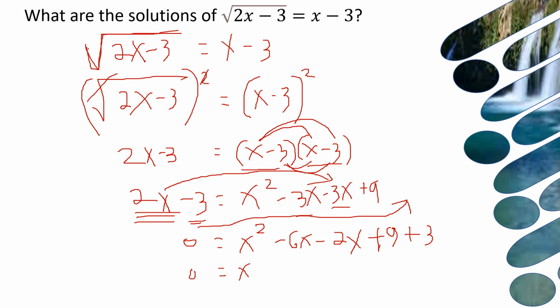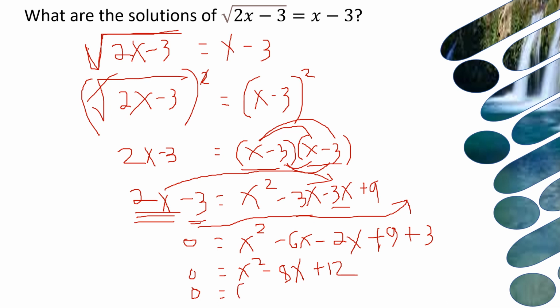So x squared minus 8x plus 12. Then by factoring, you can solve for the solutions of this quadratic equation.